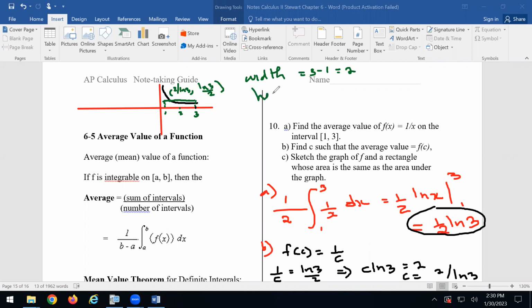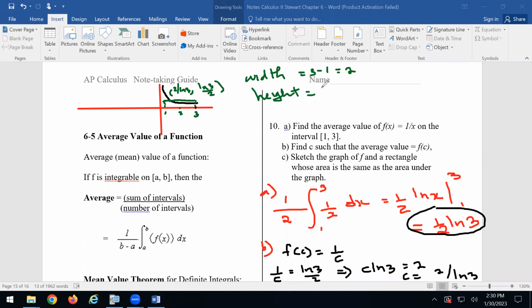And then the height of the rectangle, what would the height be in that case?